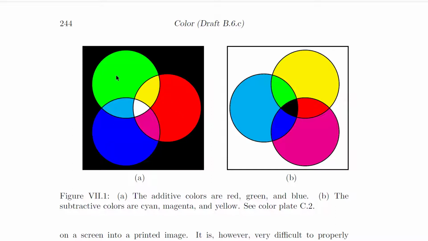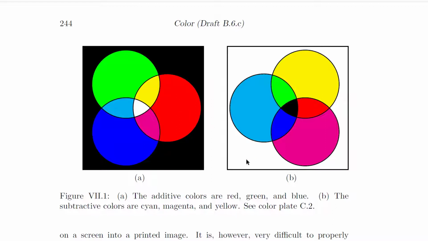Just the green light, we see green. Or just the blue light, we see blue. Notice this is a nice dark blue. Where all 3 colors overlap in the center, we have full brightness from red, green, and blue. We just have a white color. Where the red and the blue overlap, we have magenta. Where the blue and the green overlap, we have cyan. Where the red and the green overlap, we have yellow.